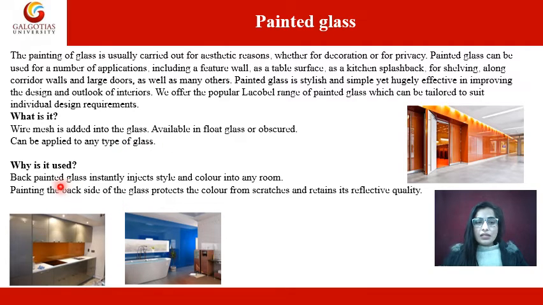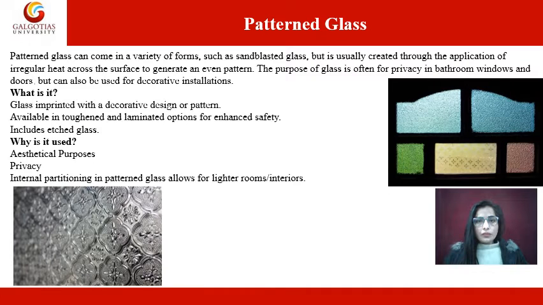And why is it used? Because back painted glass instantly injects style and color into any room. So basically for aesthetic reasons, we can use painted glass in many various ways and for other purposes.